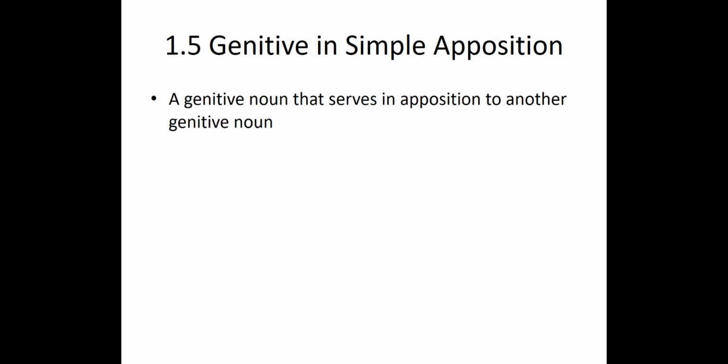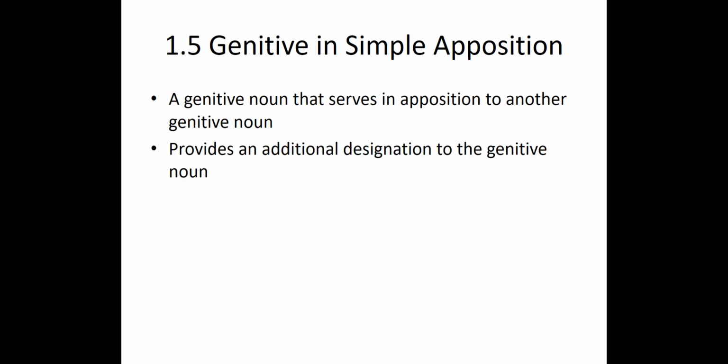We've seen before that nouns can function in simple apposition, and we did that with nominative, we did it with vocative. Today we do it with genitive. Later we'll do it with dative, and we'll do it with accusative. But a genitive noun can be in simple apposition to another genitive noun. This is just telling us something else about that noun, an additional designation. Remember when we talked about convertible propositions, A equals B, B equals A? Simple apposition is that sort of thing.